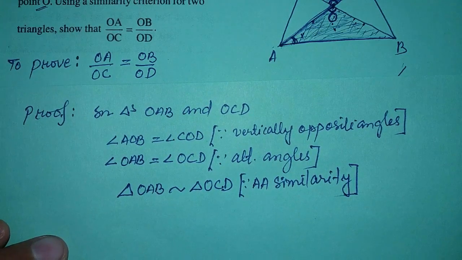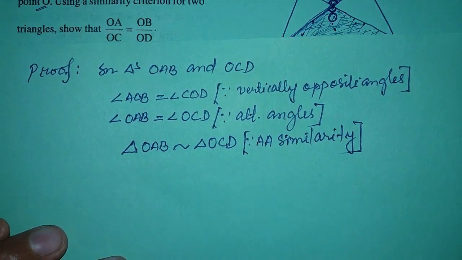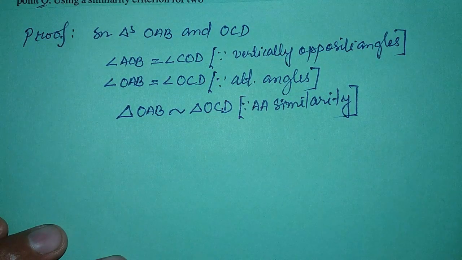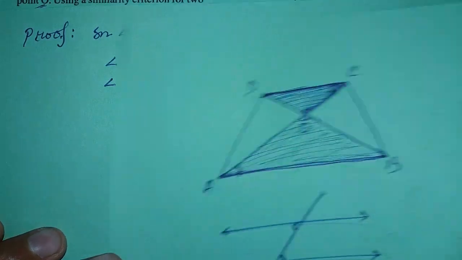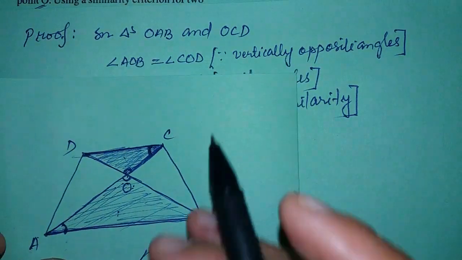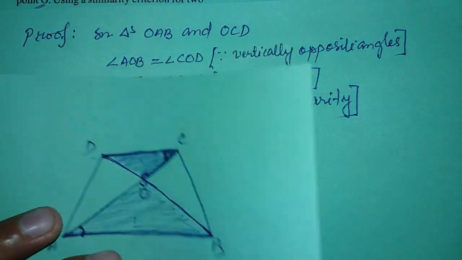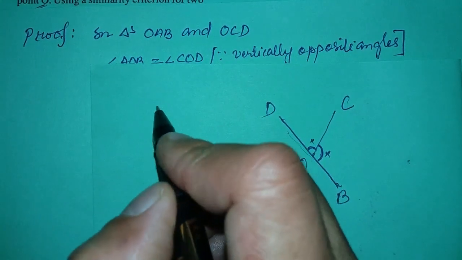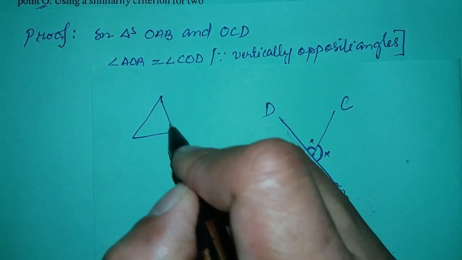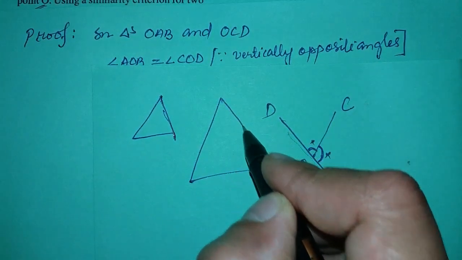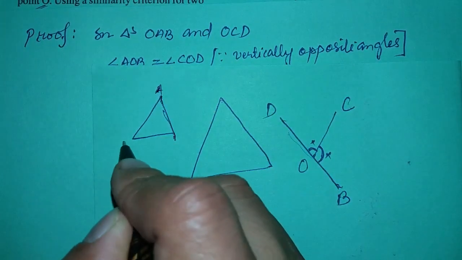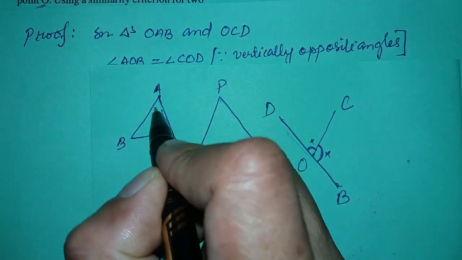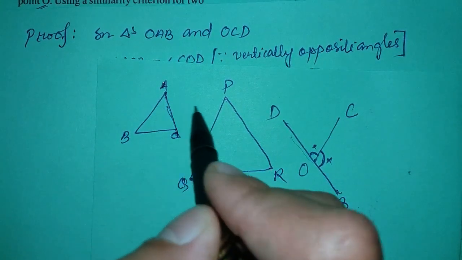Now, since the two triangles are similar, the corresponding sides are proportional. This is what we have to remember. If two triangles are similar, then the corresponding angles are also equal and the corresponding sides are proportional. This is what we have seen in the introduction. Now this is ABC, and let's say this is PQR. If these two triangles are similar, then the corresponding angles are equal.